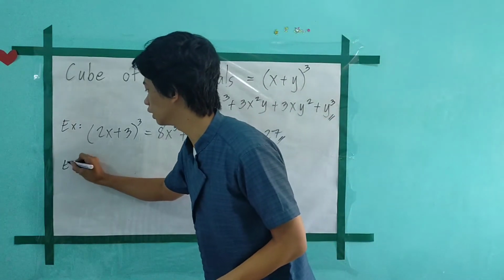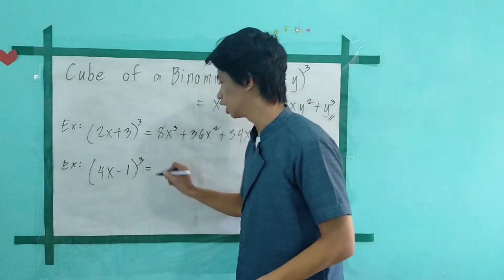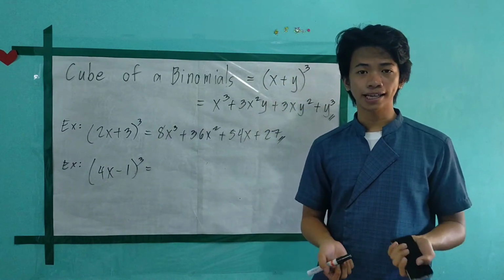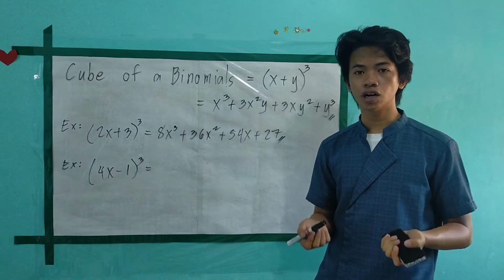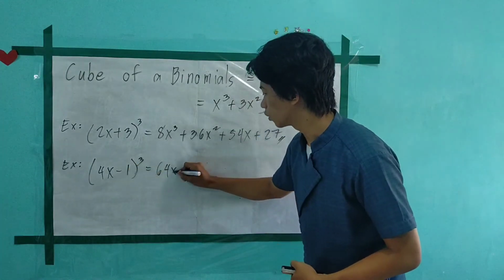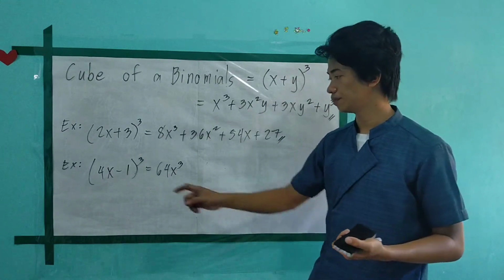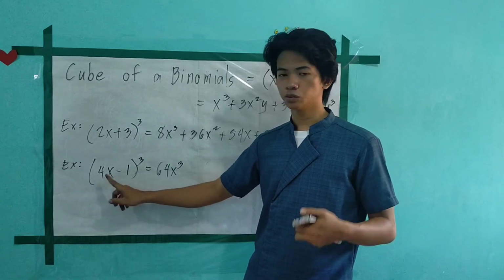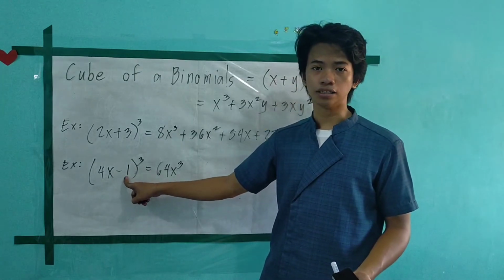So let's say our example is 4x less 1 cubed. So again, the first step is cube of our first term. What is 4x cubed? 4 times 4, we have 16. 16 times 4, we have 64. Then our variable is x, therefore we have x cubed. For the second step, square the first term. 4x multiplied by 4x, we have 16x squared multiplied by negative 1.